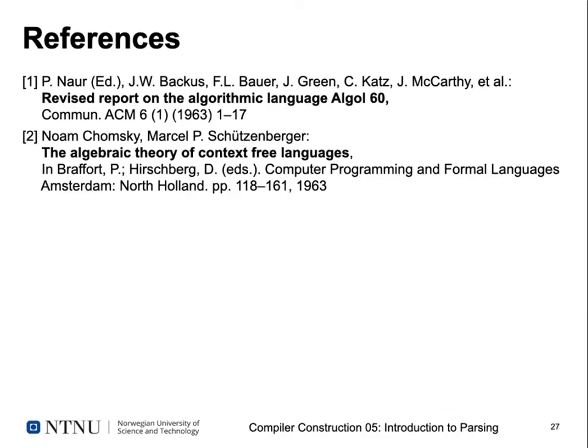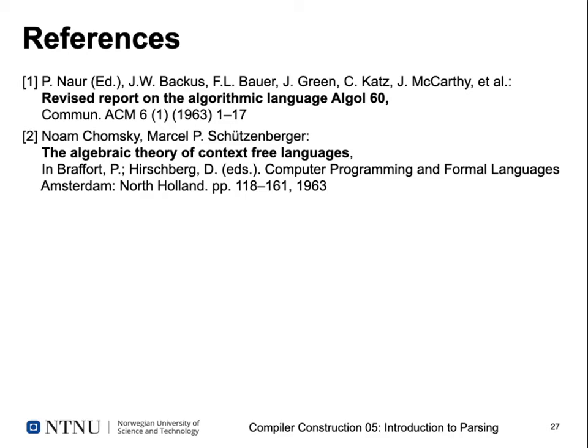So we've learned a bit about parsing. We'll go into more details about how to construct parsers and how to write grammars for those in the upcoming lectures. So here are some very old references. Compilers, as we've seen, are an old research topic. The Backus and Naur paper here was written in 1963, revised report on the algorithmic language Algol 60.